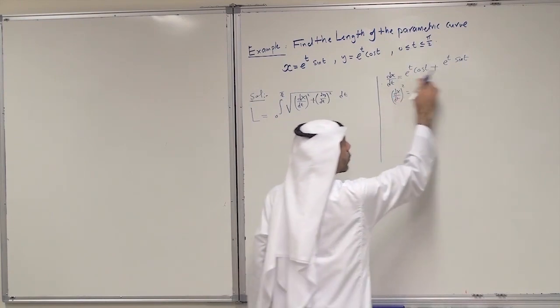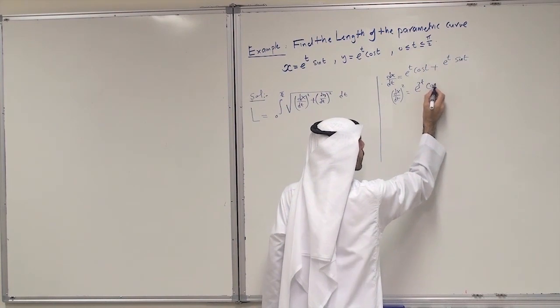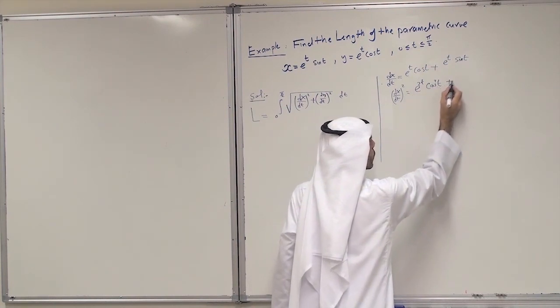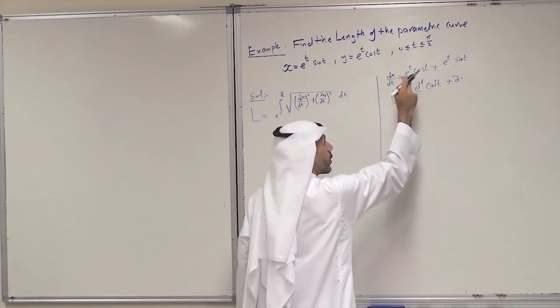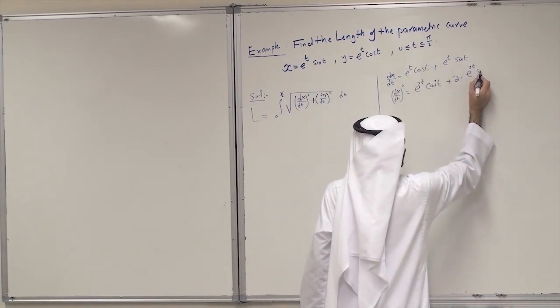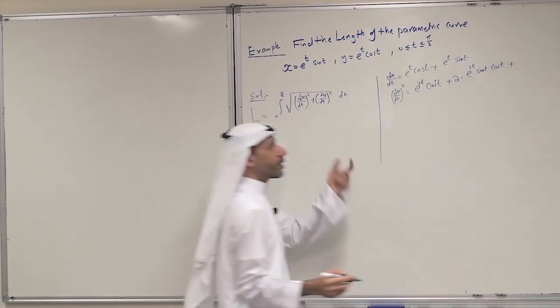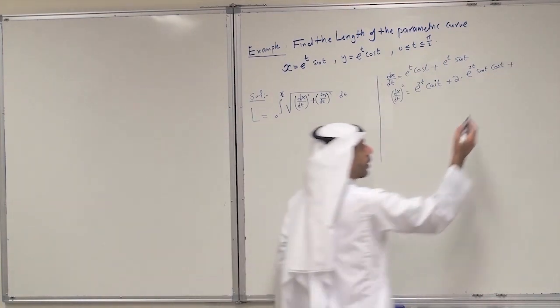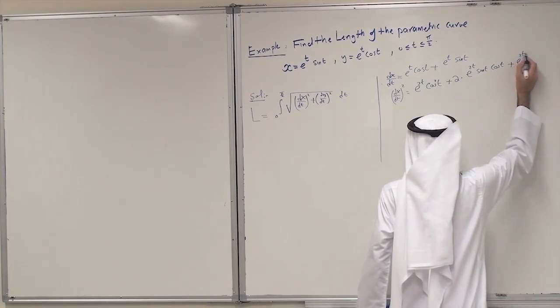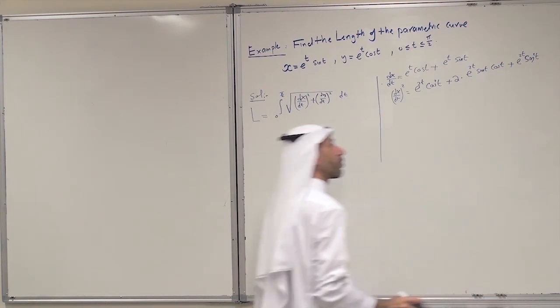Okay. So when you square this, you get the first squared, e to the power 2t cosine squared t, plus 2 times the first times the second, e to the power 2t sine t cosine t, plus the second term squared, and this is e to the power 2t sine squared t.